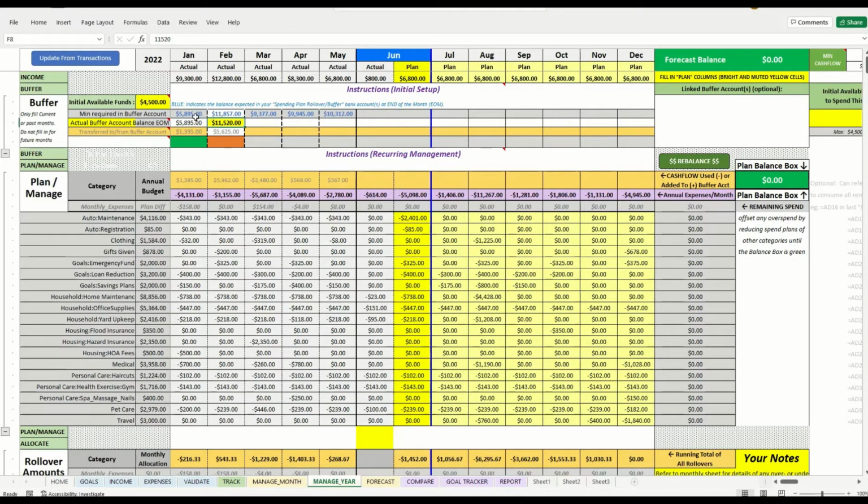Now you don't have to do the reconciliation. If you don't, if I delete these, for example, then that's fine. It's going to compute exactly what I actually have.